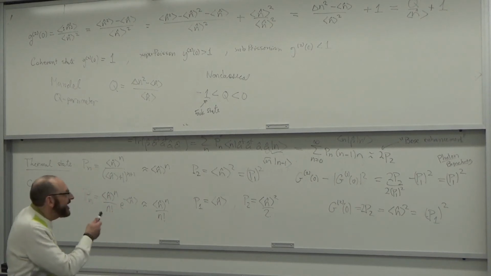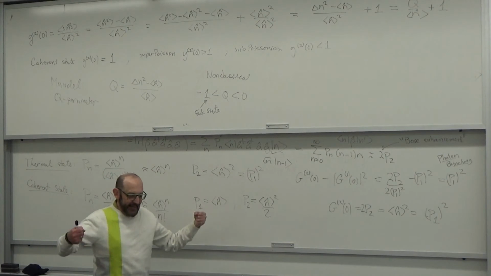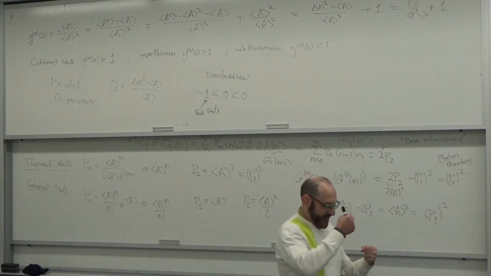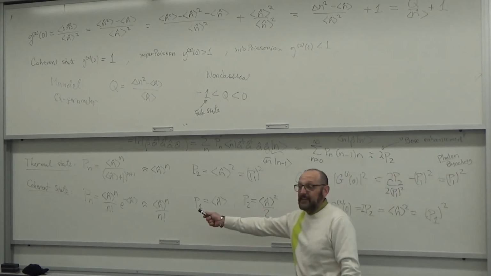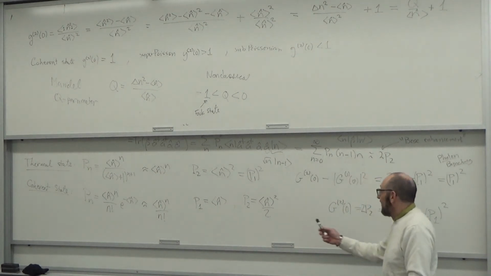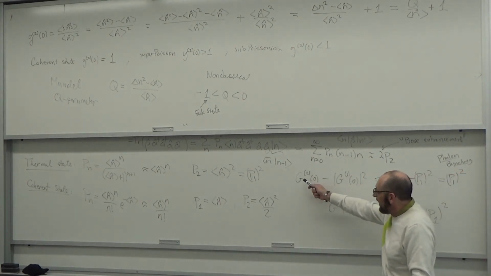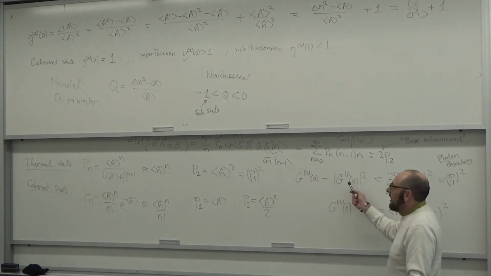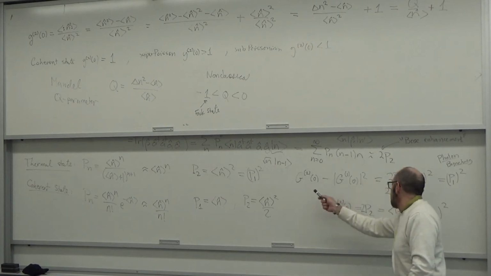But it's actually the opposite. You see no change. It's not a correct statement. It's the thermal light that sees this enhancement of more photons in the mode. A coherent state, they're completely uncorrelated from one another. And so we see here in this case that the difference between detecting 2 photons and independently detecting those photons is 0.